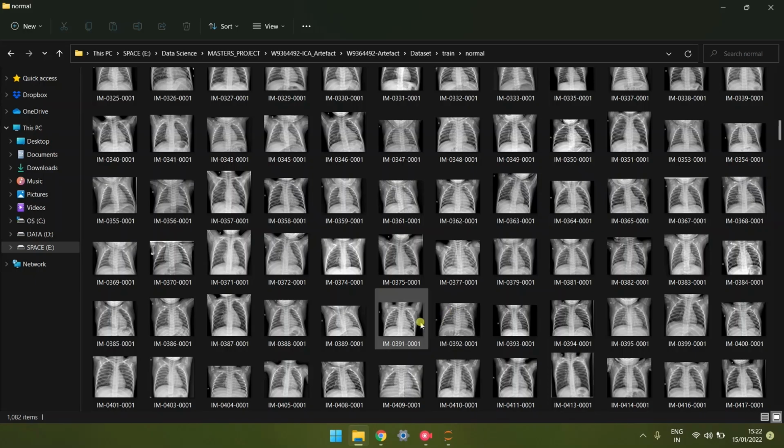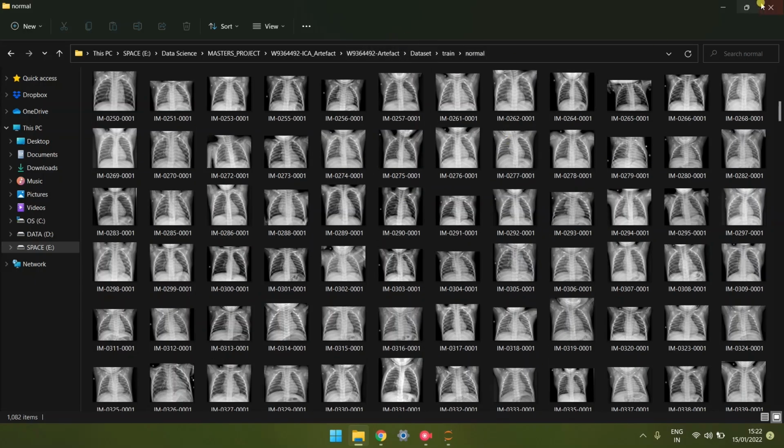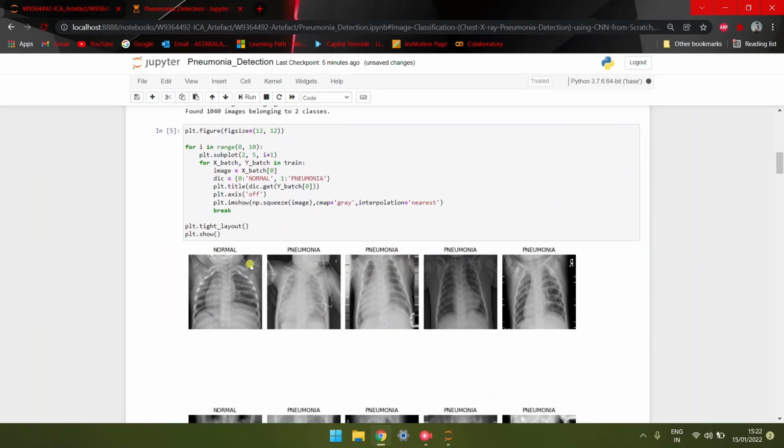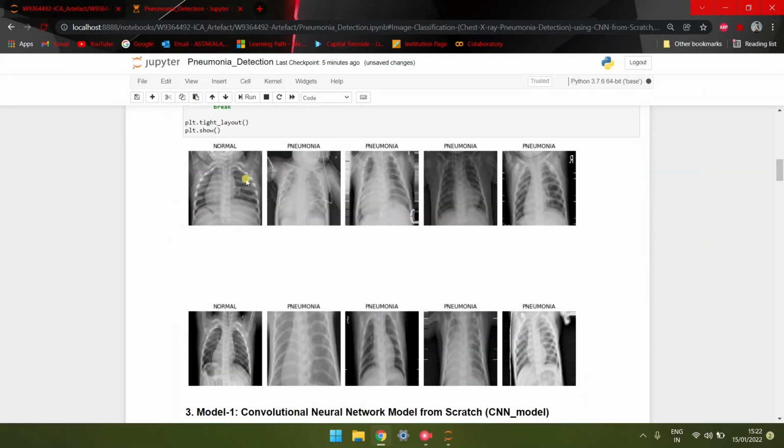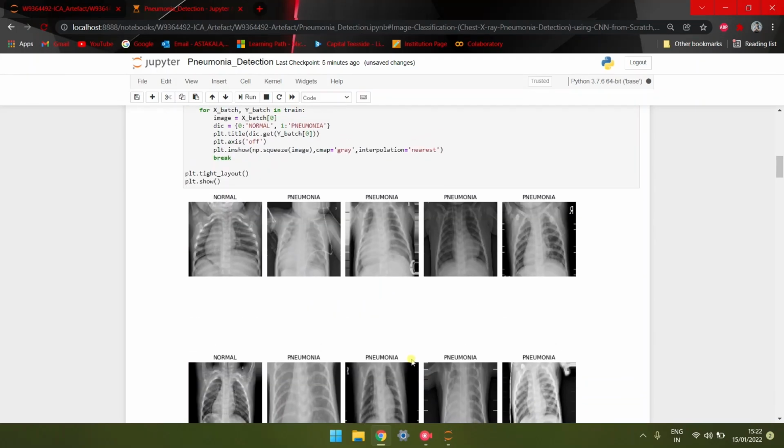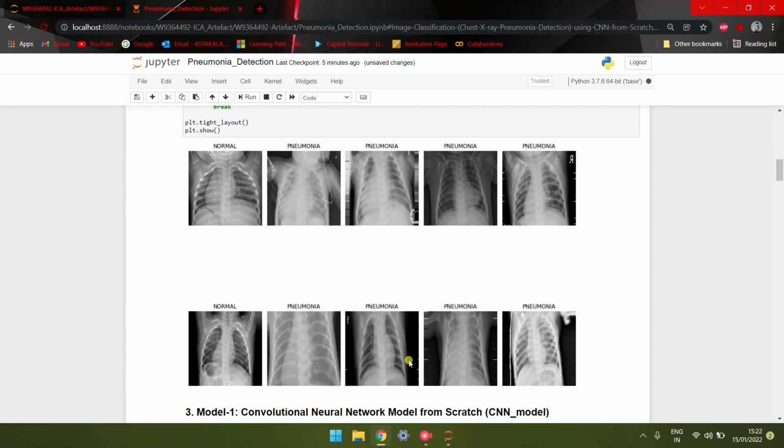To avoid this, we perform image augmentation, which brings them to the same size, 224 as I assigned in this program. So all these images are 224 by 224 in size.